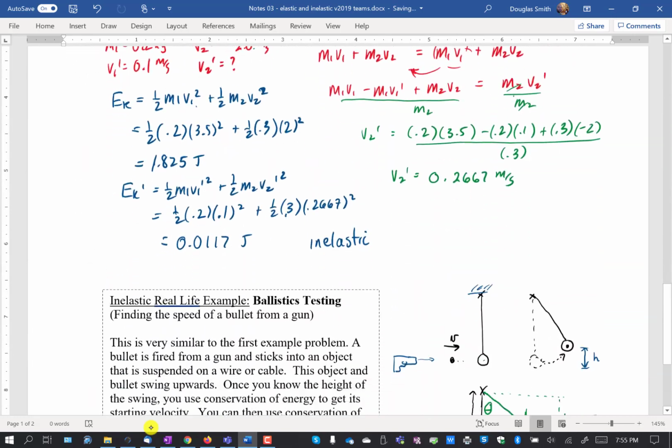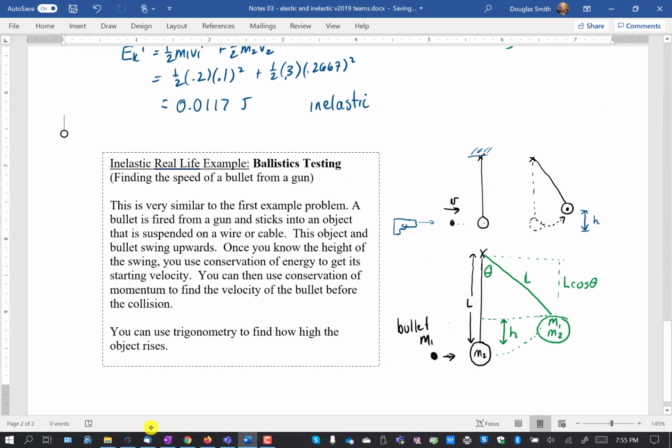The last thing that's kind of tricky about these problems is there's a little bit of geometry. They'll probably measure the angle of the swing, and then you have to use a bit of trigonometry to get this height h. And if you have a good drawing, it's kind of easy to see. If I draw this triangle here, so this is the length of the wire, this is the angle, so we can calculate this length there, and then from this point to this point is that starting length of the wire.